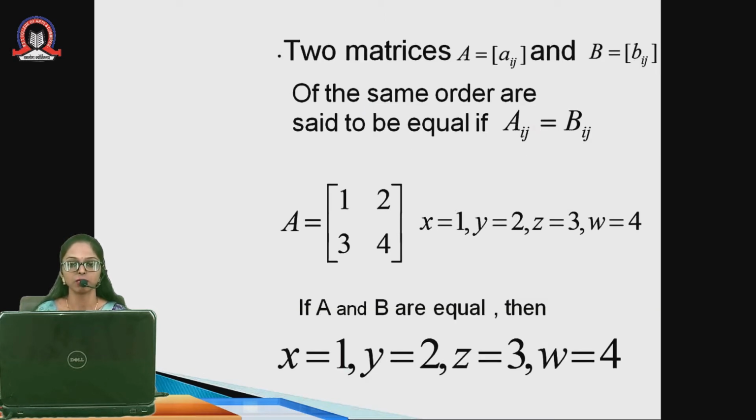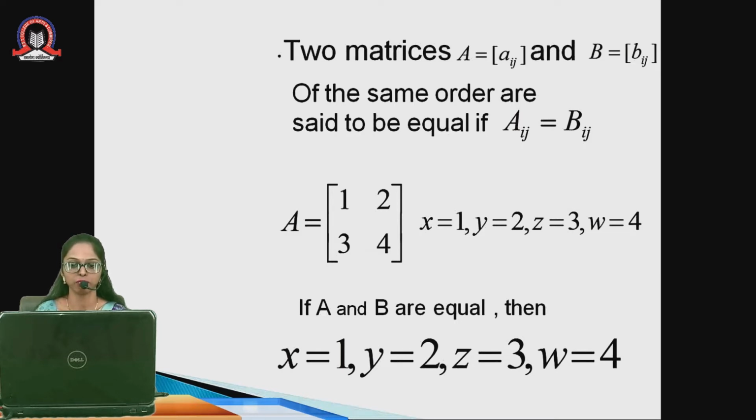That is, suppose two matrices A is equal to Aij and B is equal to Bij of the same order m by n are said to be equal if Aij is equal to Bij.